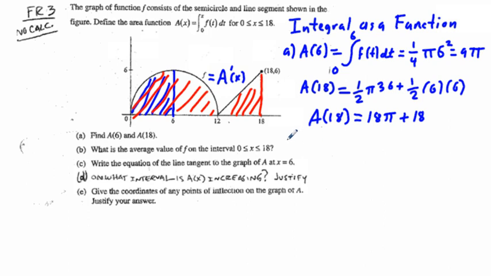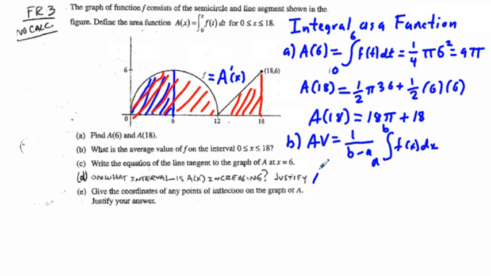Part B, what is the average value? Average value equals 1 over b minus a times the integral from a to b of f of x dx.